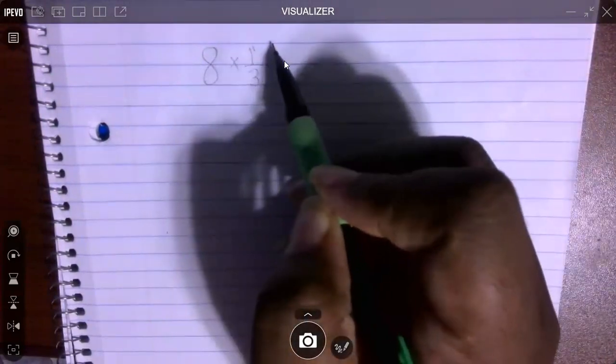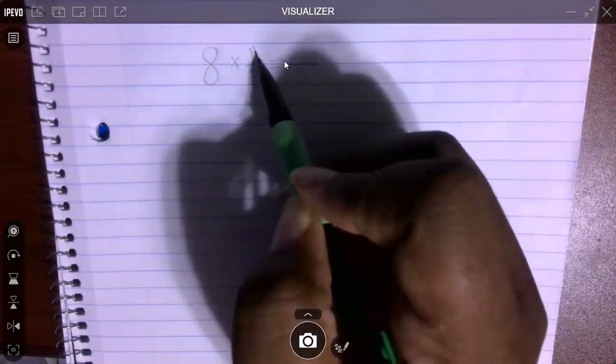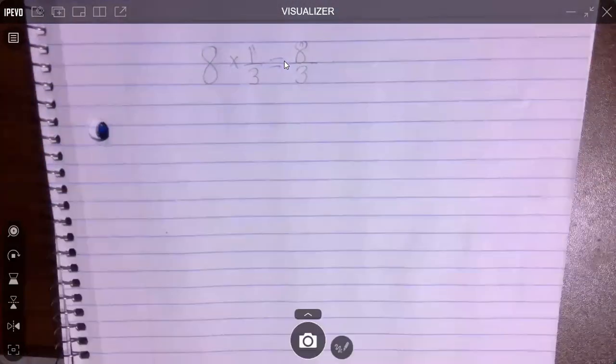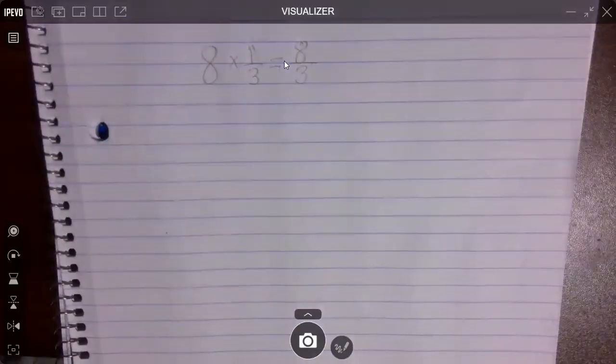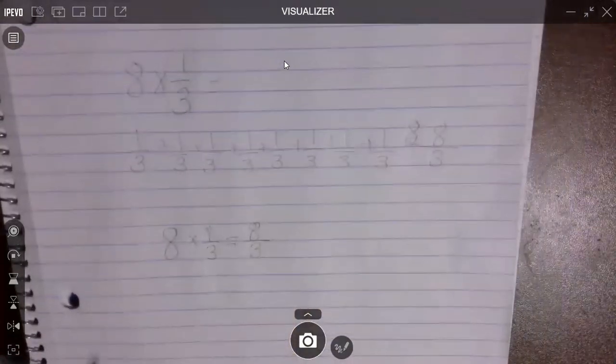I'm going to multiply my whole number times my numerator, and that will give me the numerator in my answer. So 8 times 1 is 8. Different strategy, got the same answer as repeated addition.